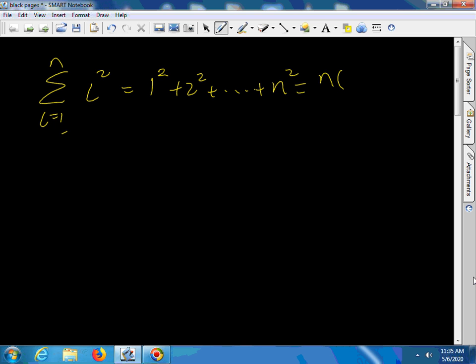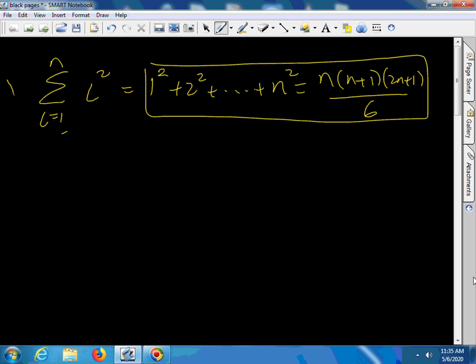And this is n times n plus 1 times 2n plus 1 all over 6. So we want to prove this fact, or theorem, by a proof by induction.